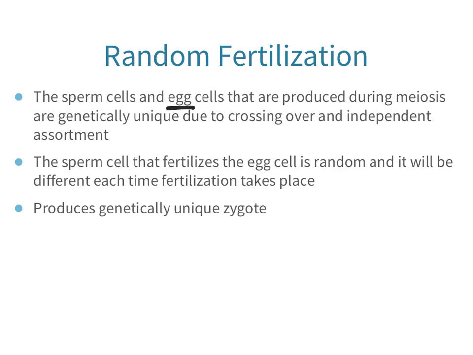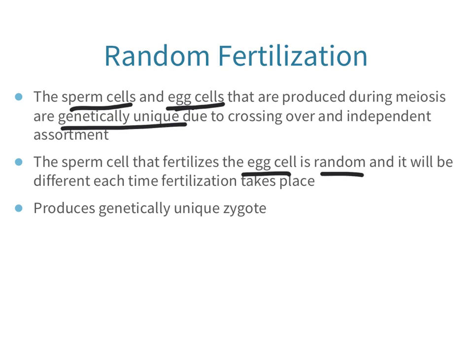So the sperm that fertilizes an egg is genetically unique due to crossing over and independent assortment, and it's pretty random which sperm will fertilize which egg. That means there are tons of different combinations of which sperm and which egg could combine from these 8 million sperm and these 8 million eggs. And this makes the number of different zygotes two people can produce absolutely skyrocket.